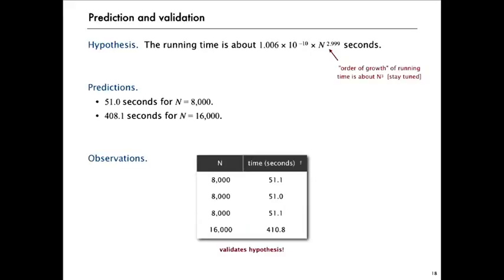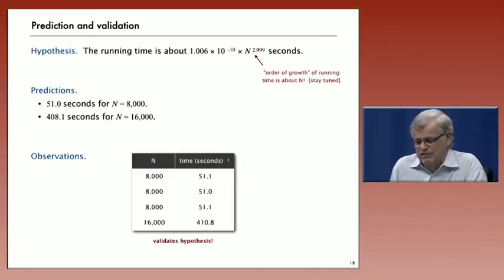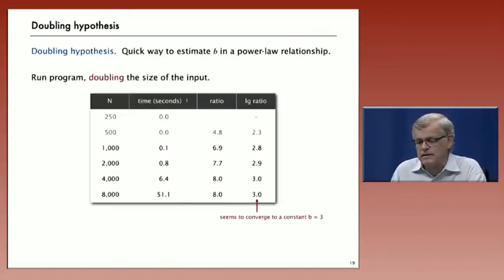And 400 seconds is plenty of time, but now we can invest and run that experiment, and sure enough, we're pretty close to that, 408 seconds, when we run it. And now we can make a prediction for 32,000 or for whatever else we might be interested in. The model helps us do predictions without investing the expense to run the experiments.